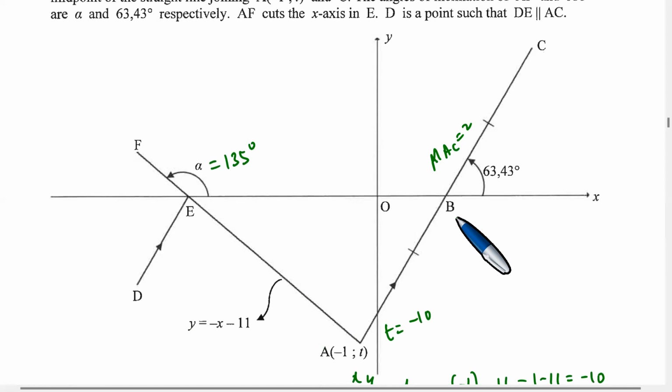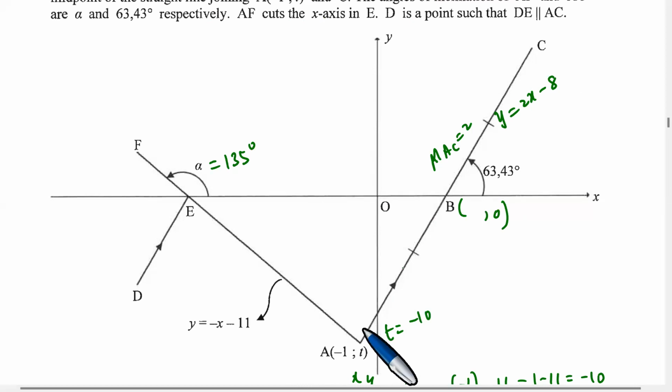Moreover, we already know the equation of the line as well. What is the equation of the line? But now, if the equation of the line is y equals 2x minus 8, you need to find the x-intercept of this, because B is the x-intercept. So at the x-intercept, you already know that y is 0, you just need to get x.